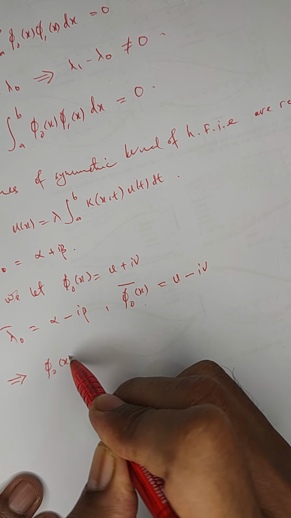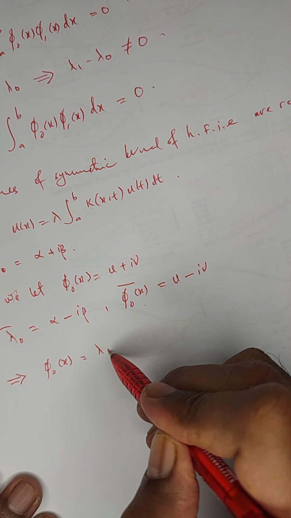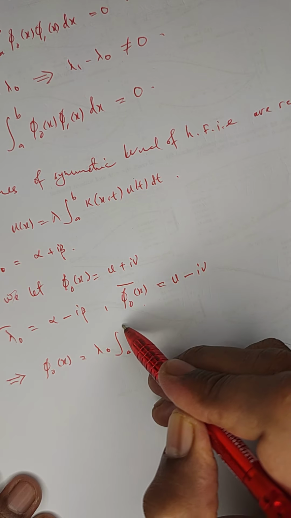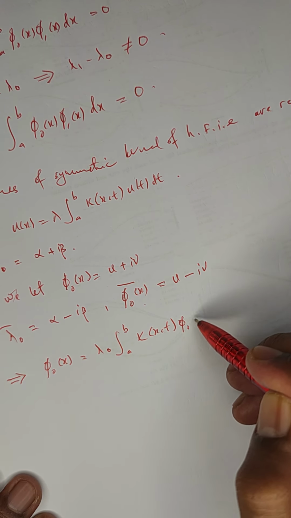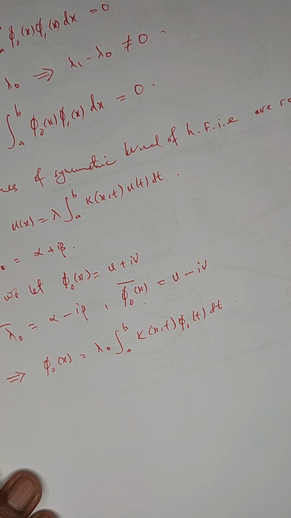phi naught x is equal to lambda naught times the integral from a to b of k(x,t) phi naught t dt.